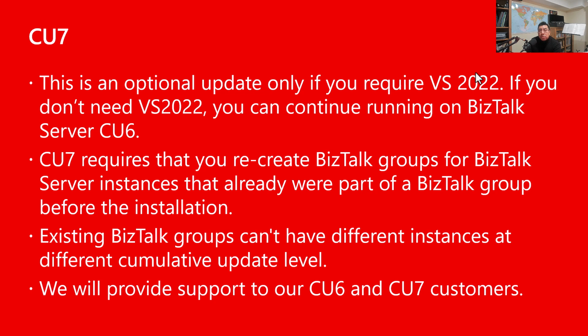CU7 requires that you recreate BizTalk groups for BizTalk Server instances that already were part of a BizTalk group before the installation. Existing BizTalk groups can have different instances at different cumulative update levels. So if you decide to upgrade to CU7, you have to upgrade your whole environment to CU7. We will provide support for our CU6 and CU7 customers.